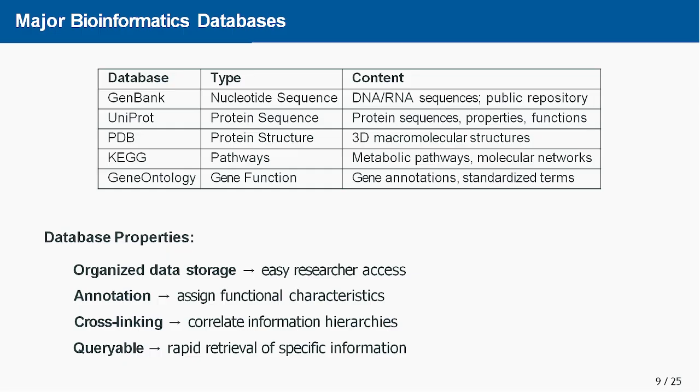UniProt is for protein sequences. Then PDB is for protein structures, giving 3D structures. KEGG is for pathways, metabolic pathways, molecular networks. Gene Ontology is for gene functions, gene annotations and standardized terms.